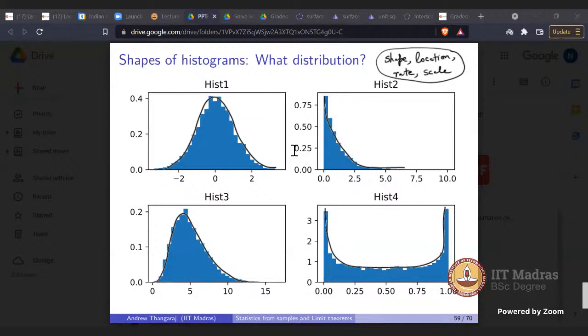If you know the problem, you should know what different distributions mean, like what binomial distribution means, what Poisson means, what exponential means, and what all these distribution models are.